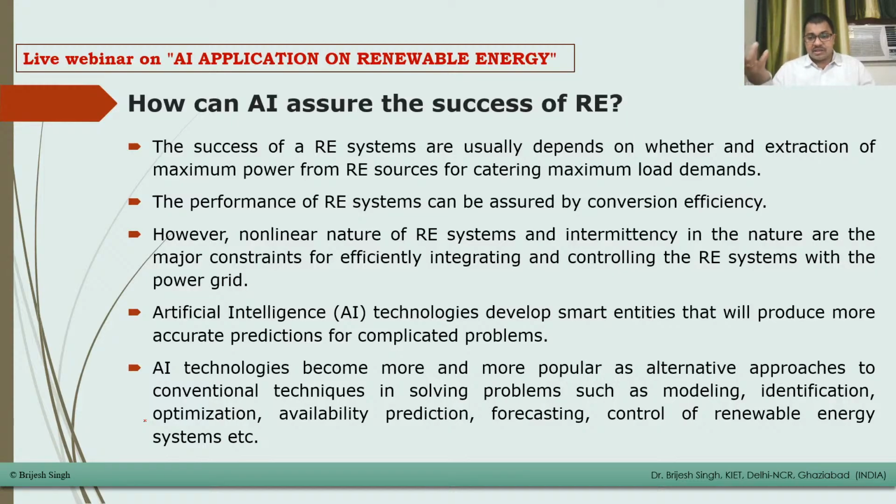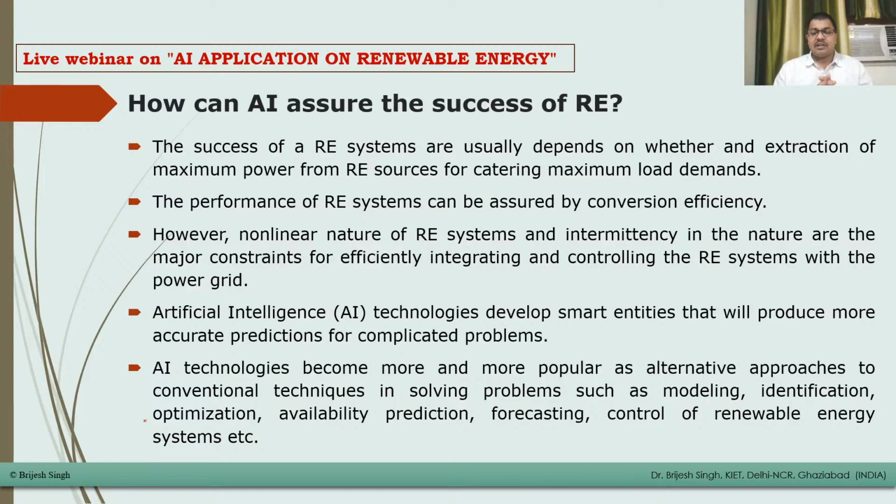Identification of not only the system but its parameters and variables, and then its optimization. Then what will be the availability of renewable energy through any type of source? So prediction of renewable energy, then forecasting of not only load energy, and then control of any renewable energy system. When these things come into the picture, AI will be useful.